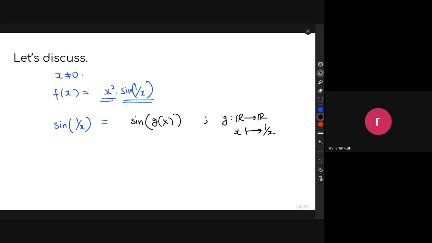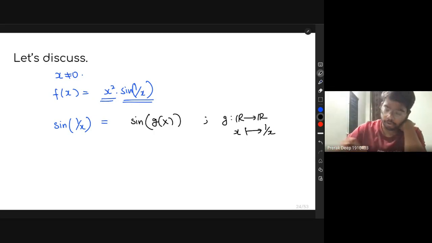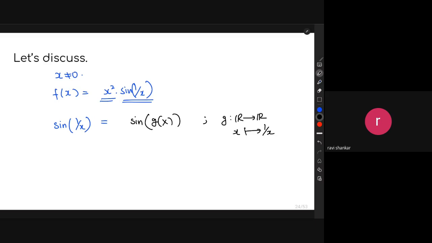Hello, sir. Sine of g of x, this is a composition of functions.